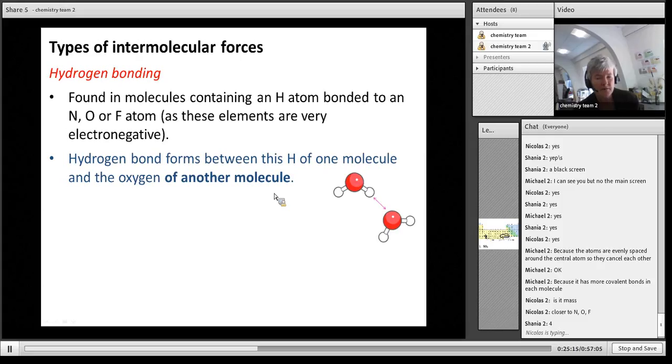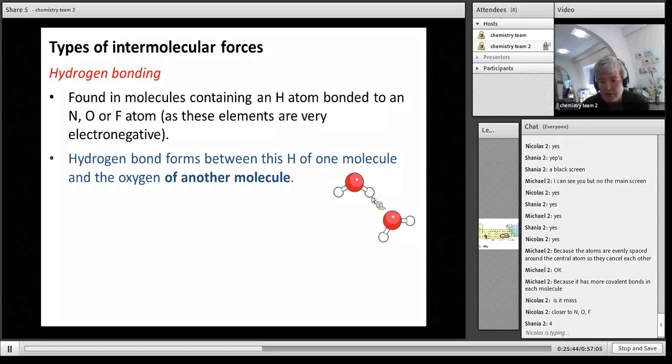So be very clear when you explain what a hydrogen bond is. The condition required for hydrogen bonding to occur is that you need this OH covalent bond, or NH or FH, but the actual hydrogen bond is between that hydrogen and then a nitrogen or oxygen or fluorine of another molecule.